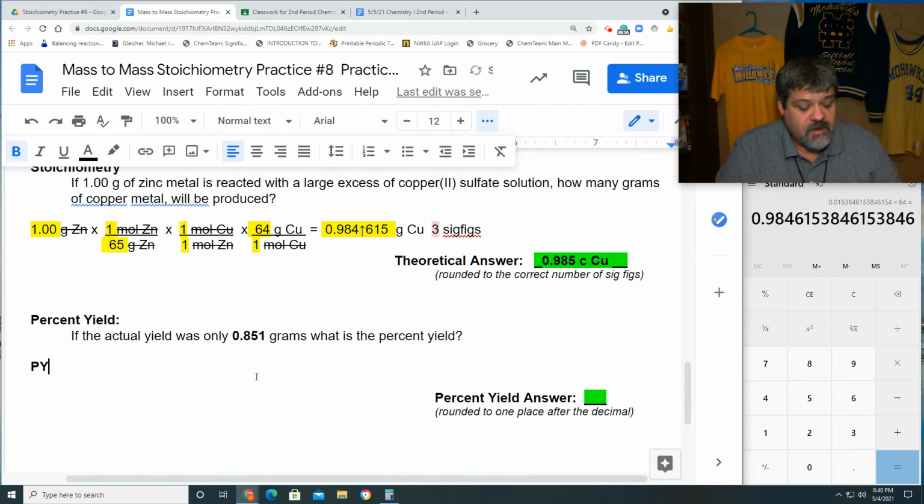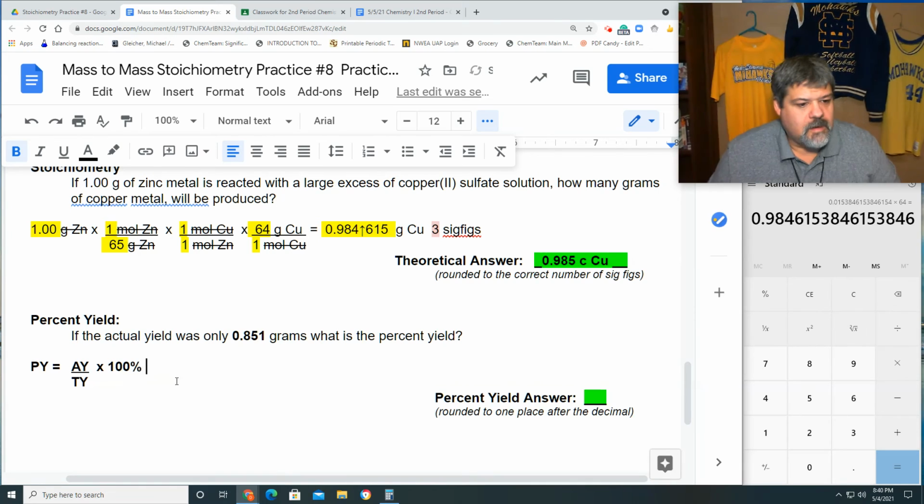Our percent yield is equal to our actual yield divided by our theoretical yield. Okay. So we're just going to underline that, and then we multiply that by 100%. Okay. So now that we wrote out the formula, I'm going to say you have to write out the formula to do this. Otherwise, you're going to lose points.